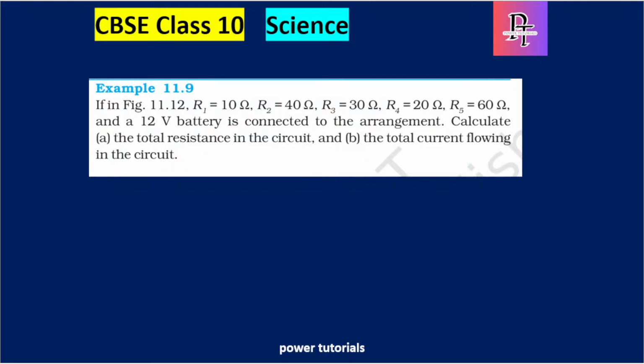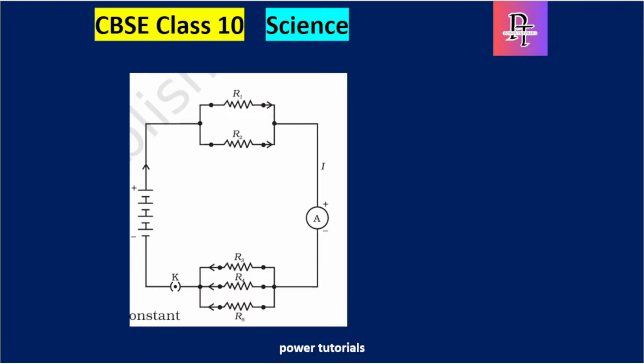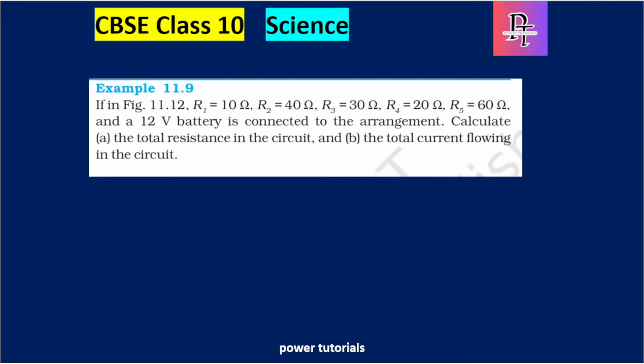Okay, figure 10.12 I have mentioned here. So in this question they have mentioned R1 10, R2 40, and 30, 20, 60.